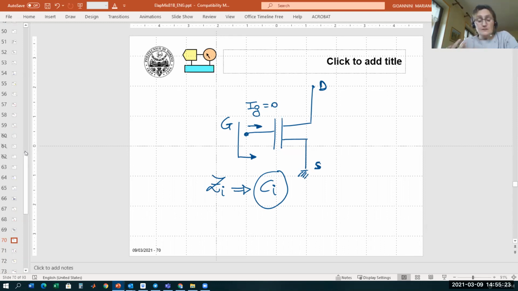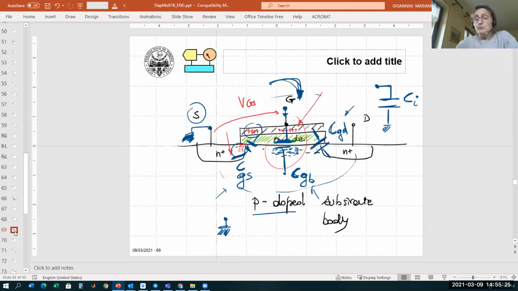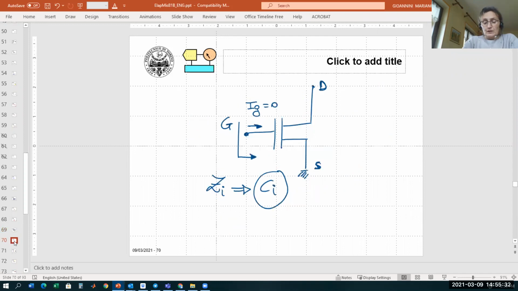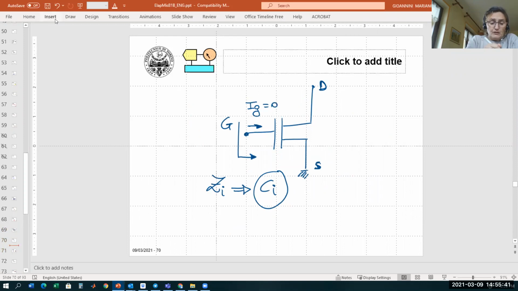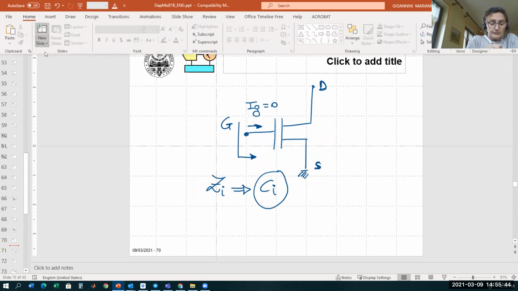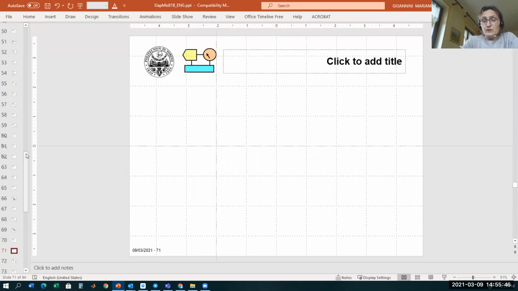That is physically present because of this physical effect that I briefly summarized here. Okay? This is for what happens for one MOS. What does it happen if now we have the inverter? If now we have the inverter, I remind you that the structure of this inverter is given by two transistors.